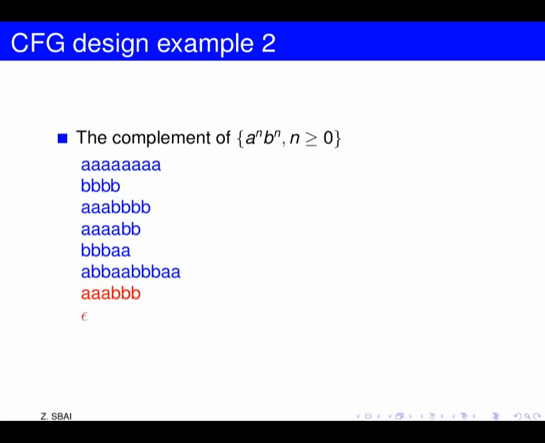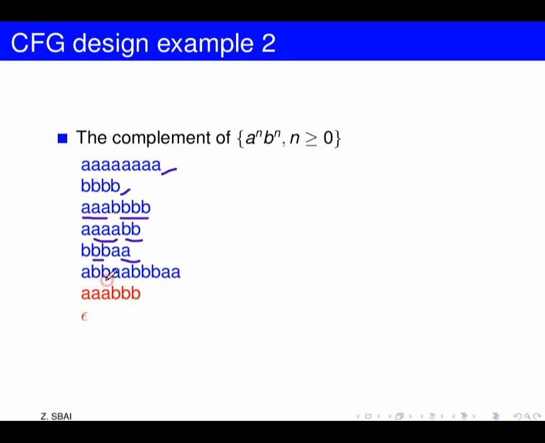For example, we will accept strings with only a's or strings with only b's, or if there's a sequence of a's followed by a sequence of b's, then the number is not the same. So we have more a's than b's or more b's than a's, or else we will accept b's followed by a's.